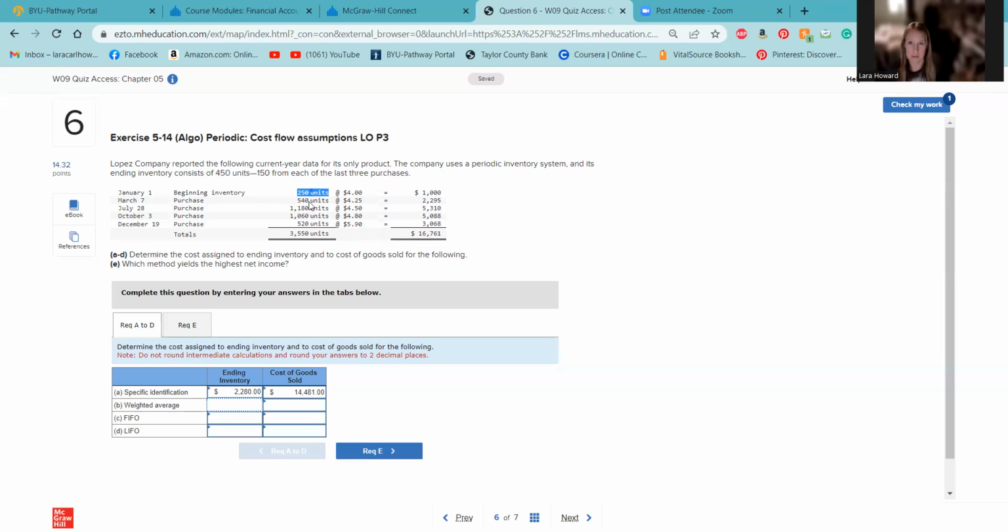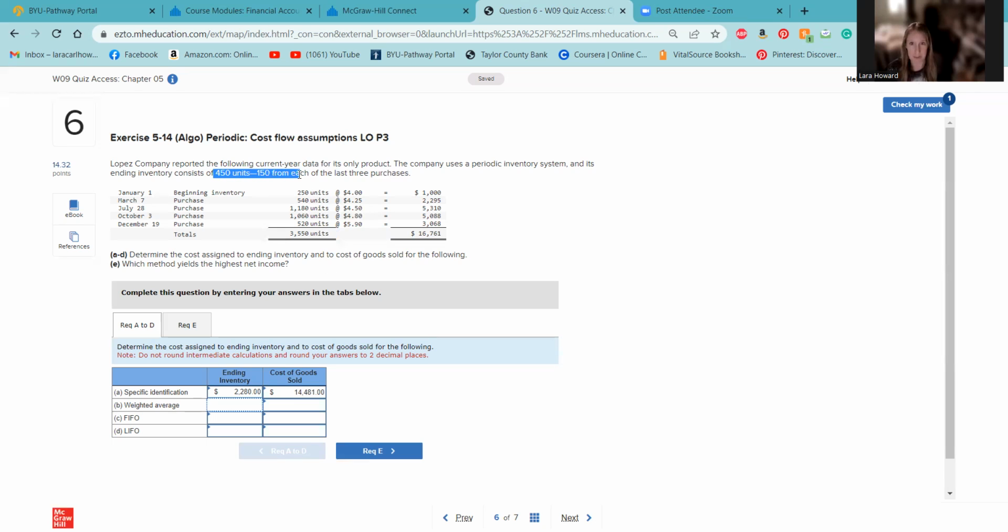It's already done for us in this column. This amount divided by these units gives you the cost per unit, which comes out to be $4.72 per unit.